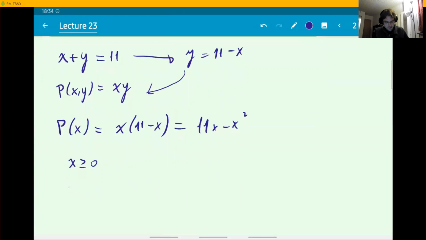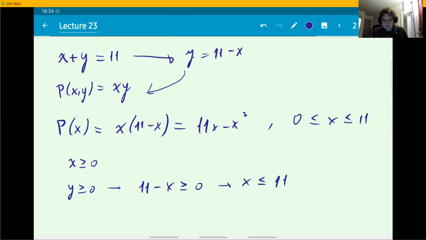Now we also have a constraint involving y. y has to be larger than or equal to 0. In terms of x, this becomes 11 minus x larger than or equal to 0, which becomes x less than or equal to 11. Just move this x to the other side and then read the inequality in the other direction. So you actually have this function only between 0 and 11.